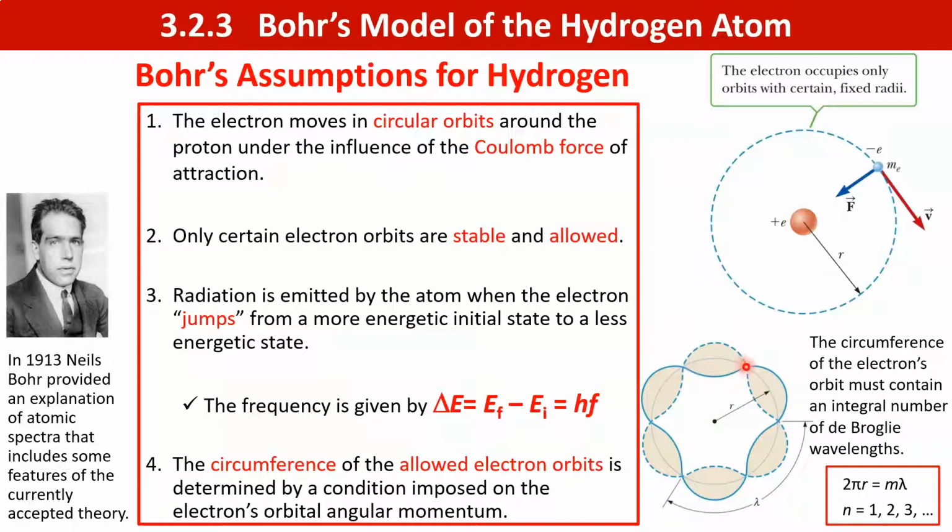It fits 3 wavelengths in this circumference, so it must fit an integral number of the de Broglie wavelength, so that the orbit will be stable and the electron is allowed to be in that orbit. If it cannot fit the wavelength, the electron cannot be in that orbit. Again, this is 1 lambda, 2 lambda, 3 lambda.